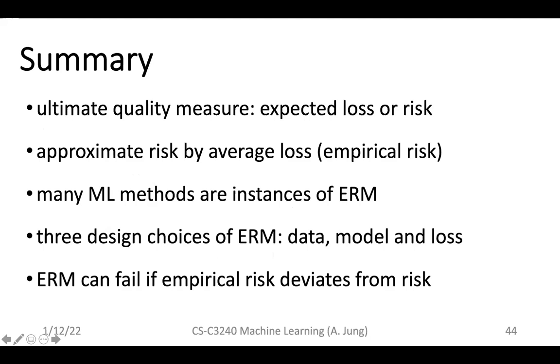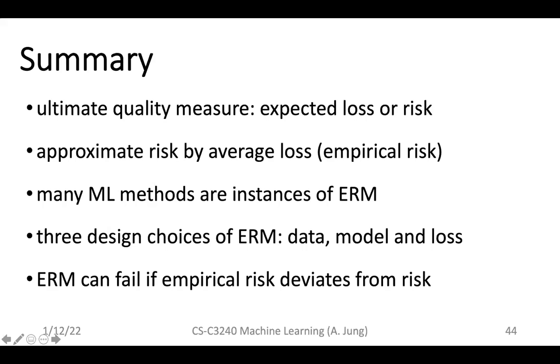We have started with defining the ultimate quality measure for a hypothesis, which is the expected loss or the risk. So it's the average loss over all possible data points. And a possible data point is any data point that can be obtained as a realization or a draw from a random variable. And this random variable has a certain probability distribution, which we would need to know to actually compute the expected loss.